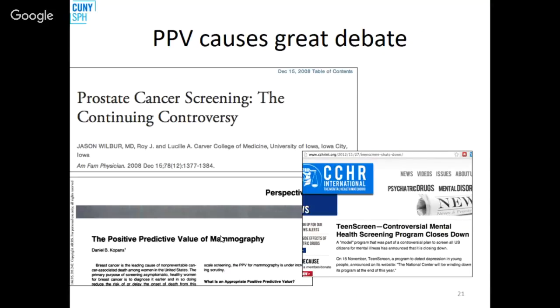So some of the well-known cases about the positive predictive value of tests are mammographies for breast cancer, prostate cancer screening, and this one that I thought was really unusual. This teen screen, something that was supposed to screen teenagers for current or future mental health problems.